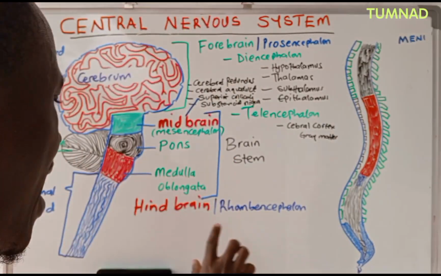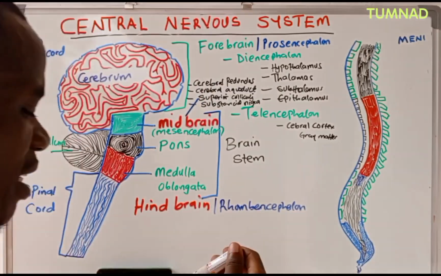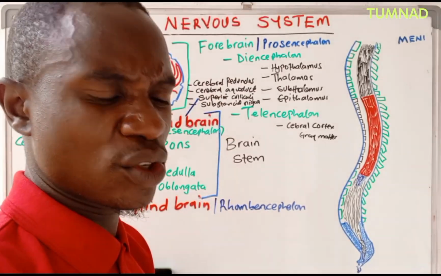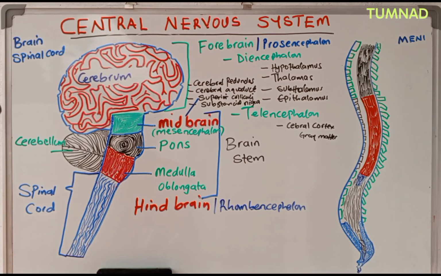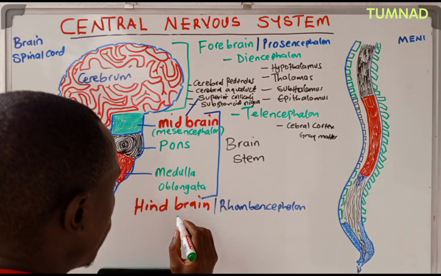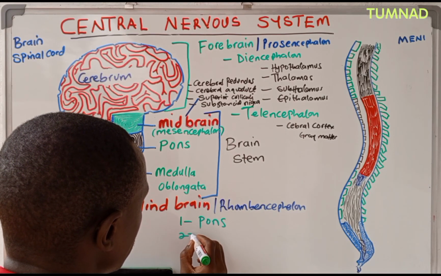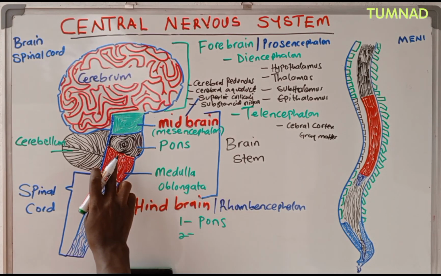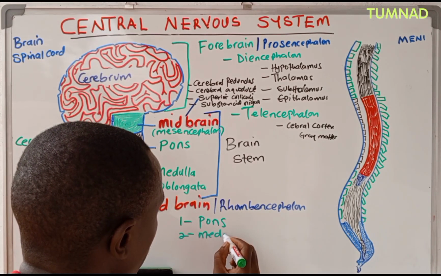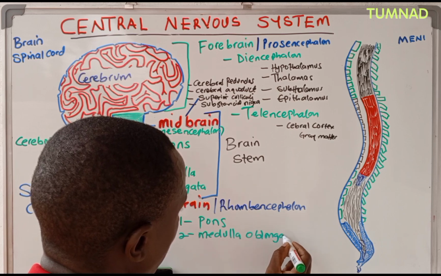So now in the hind brain, also part of the brain, we also have different structures located in this area. What are some examples of those structures? The first one is this one here, which is what we call the pons. And then number 2, we have this one here, what we are calling the medulla oblongata.